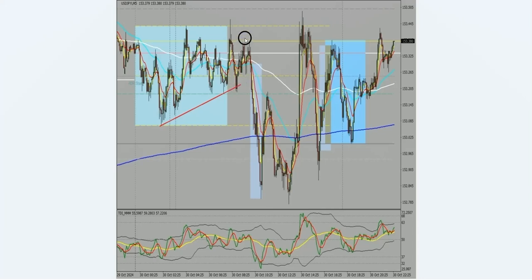Well, not really. Okay, and also see it didn't go past this point in here. It did take out the trend line, but it didn't take out this to induce anybody to go the right direction.